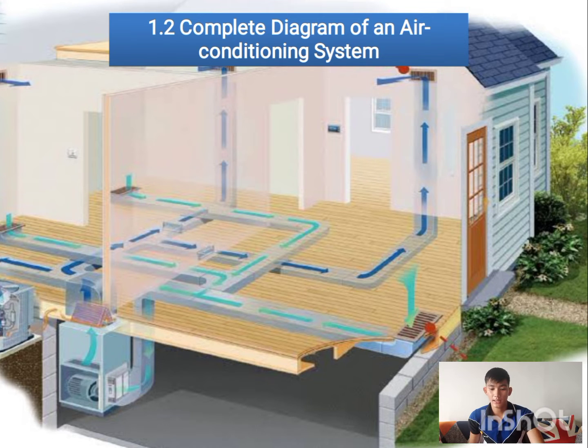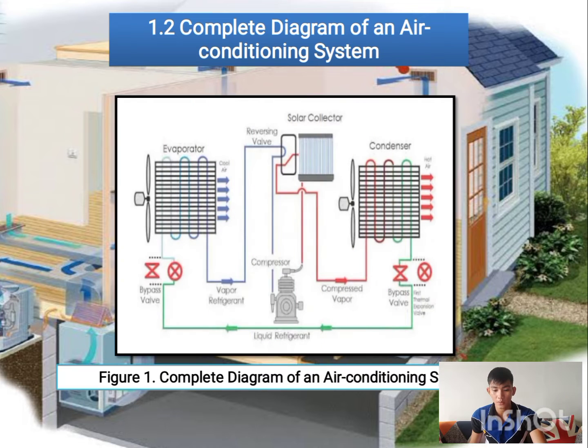As you can see in this figure, you can see the evaporator, reversing valves, solar collector, condenser, bypass valve, compressed vapor, compressor, vapor refrigerant, bypass valve, and liquid refrigerant. That is the complete diagram of an air conditioning system.